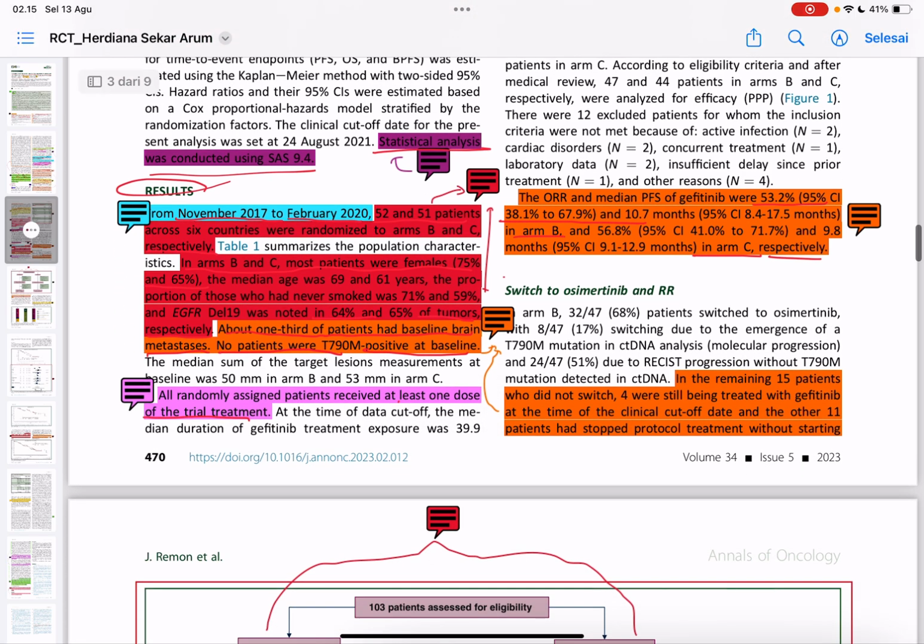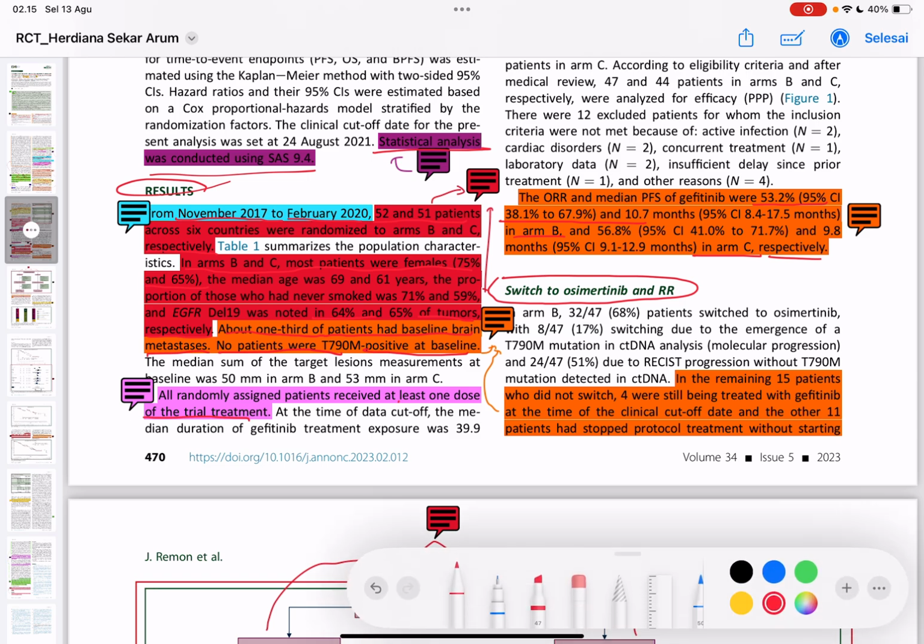Next, this is the switch to osimertinib and RR. And in here, they say about the 15 patients who did not switch and were still treated with gefitinib.